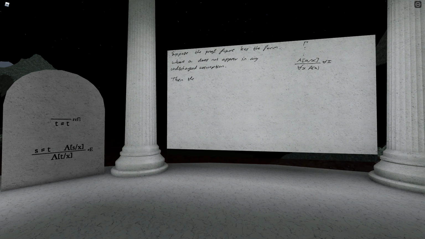So from this point, I'm doing the same thing, extracting the subproof and claiming that it's a proof from gamma to A with a substituted for x. But the statement that I'm going to need to prove is the following.